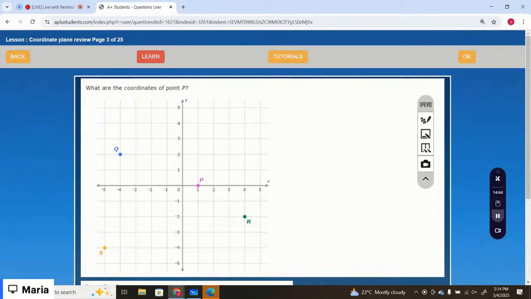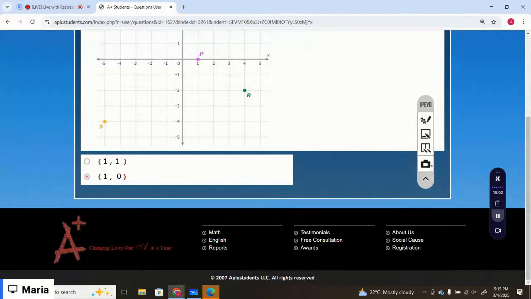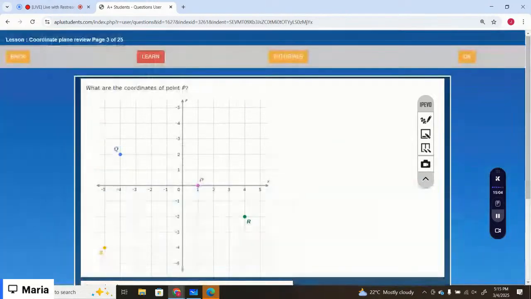What are the coordinates of the point P? Point P is on the x-axis, so the y-coordinate is 0. The coordinates are (1, 0). Option number 2 is the correct option.